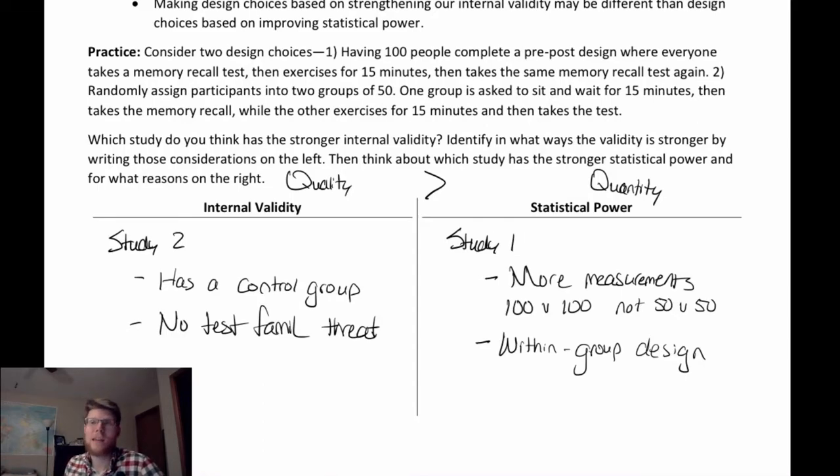So that might be a case where you choose a pre-post design or something that gives you more statistical power, because otherwise you just don't have anything. Quality doesn't matter if you have very little quantity. So that might be a case where you make that flip decision. But for the most part, pick validity over power most of the time.